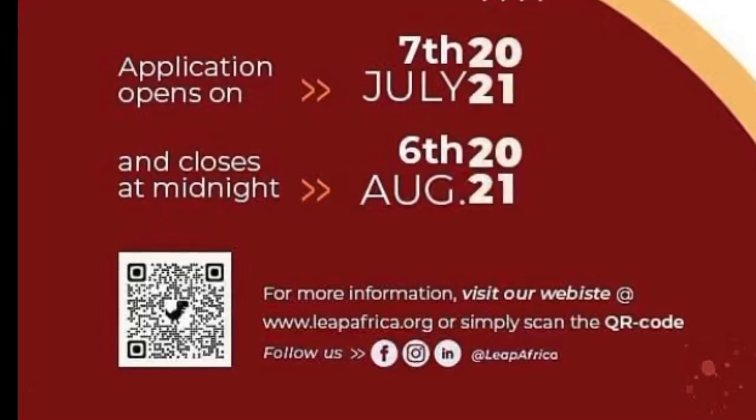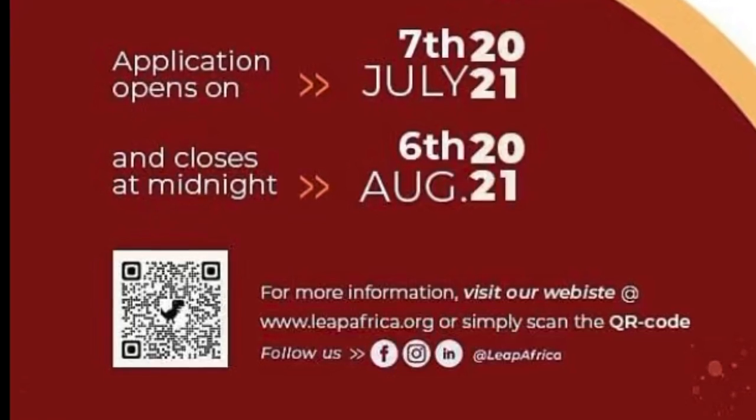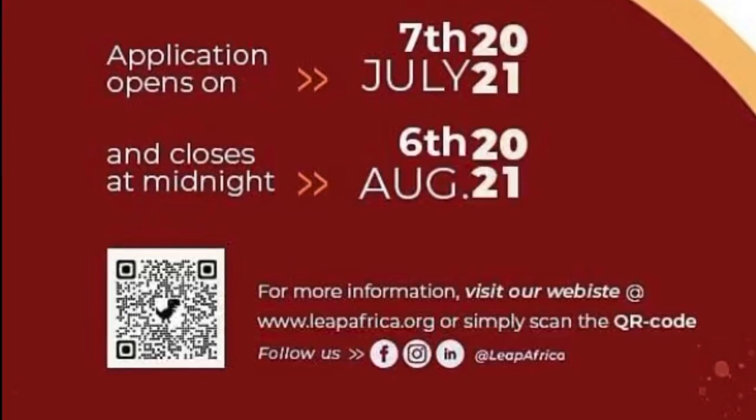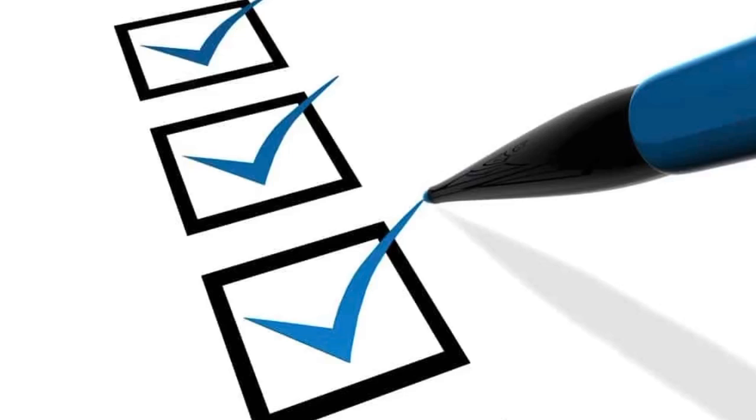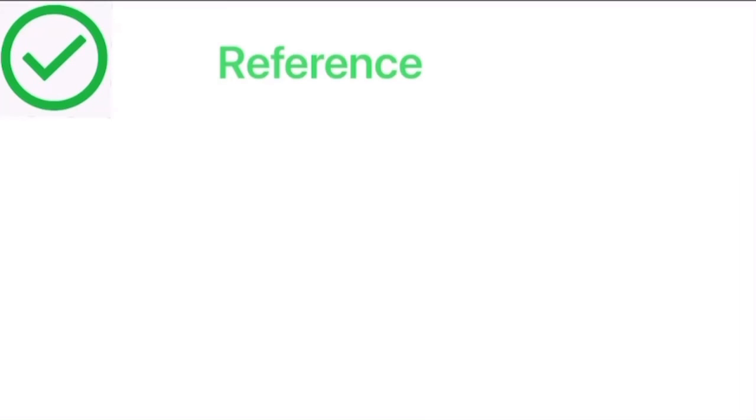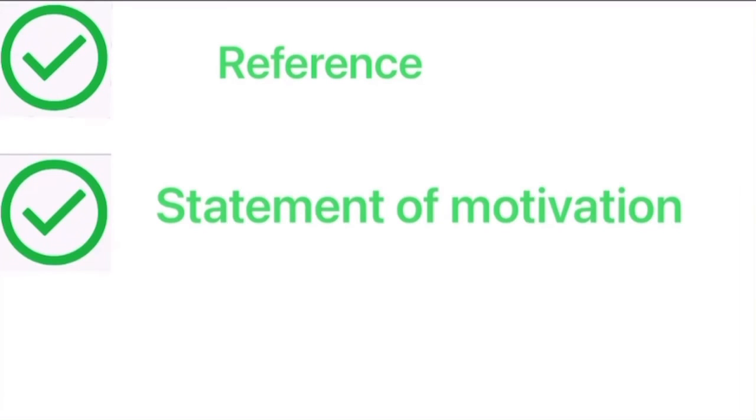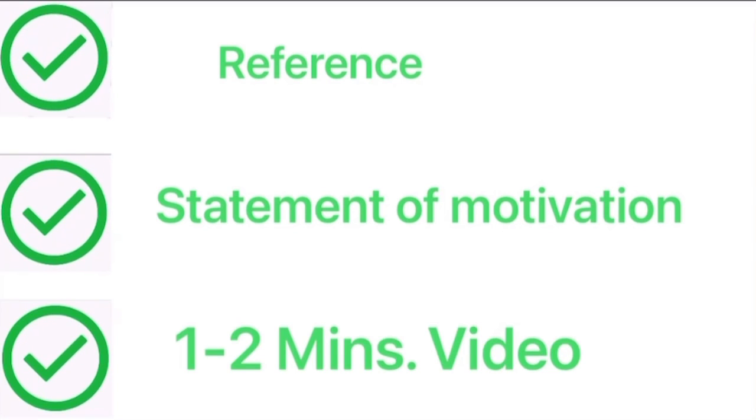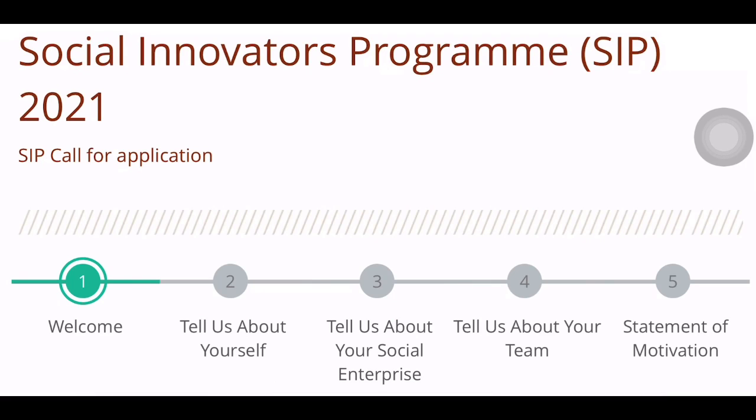Before we start with the application process, I would like you to take note of these three main checklists of documents required in the application. First, the reference. The second one is your statement of motivation, and third, a 1 to 2 minutes video. The process is divided into 5 main sections.